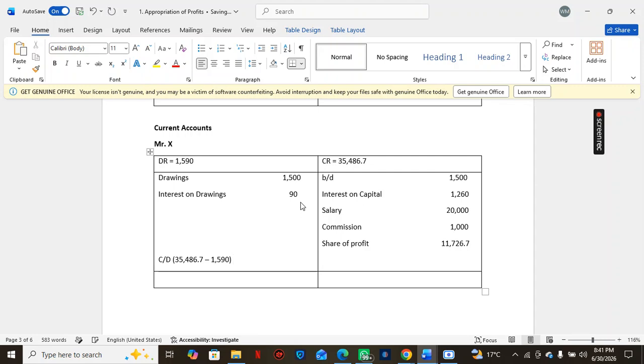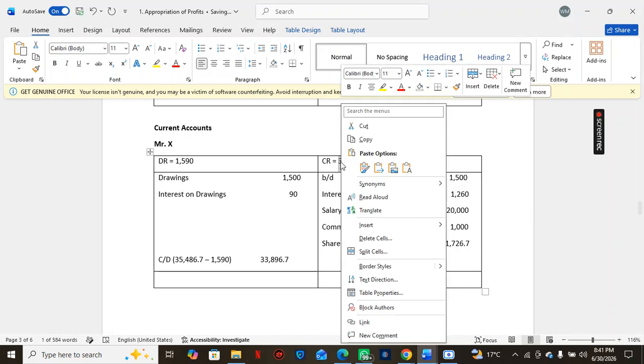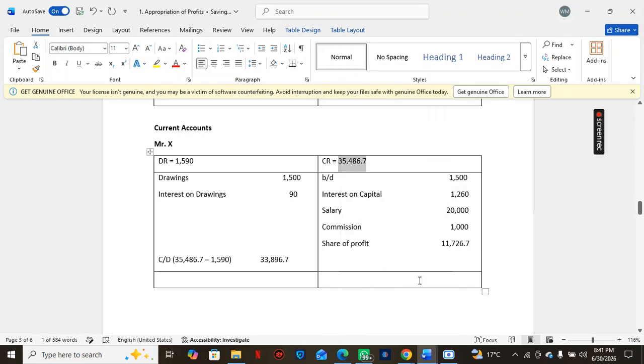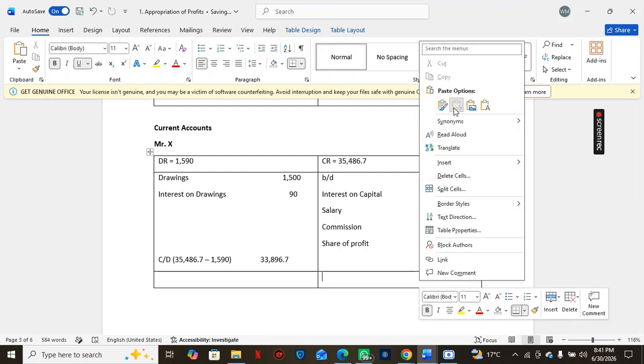Going to get 33,896.7. All right. So that's the balance for Mr. X on his current account.